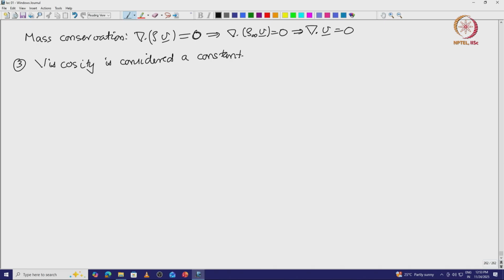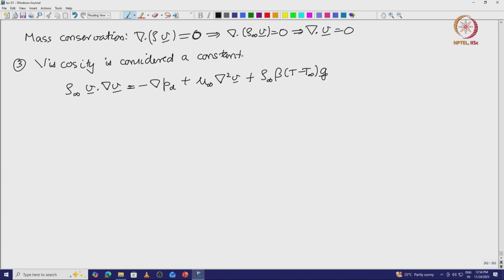Therefore, the equation becomes rho infinity into V dot grad V is equal to minus the gradient of the dynamical pressure, pressure minus the hydrostatic head for constant density rho infinity, plus mu infinity del square V, plus rho infinity beta into T minus T infinity into G.